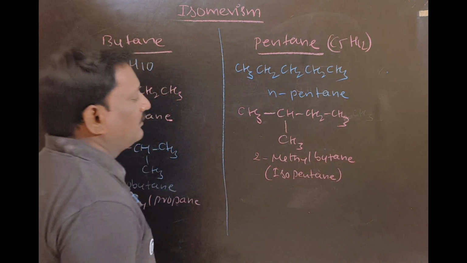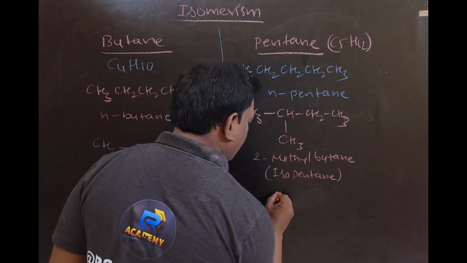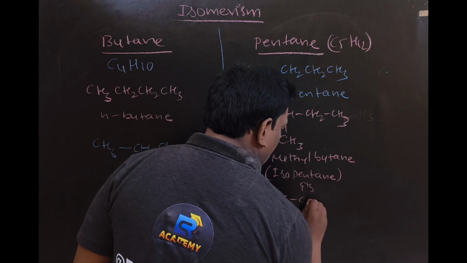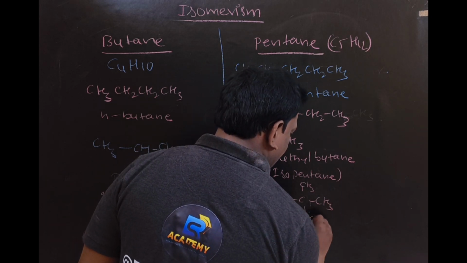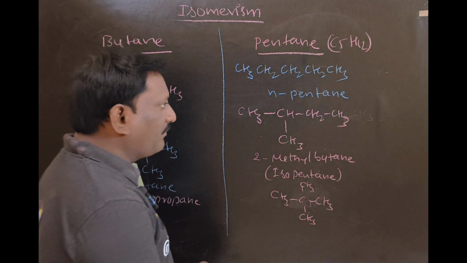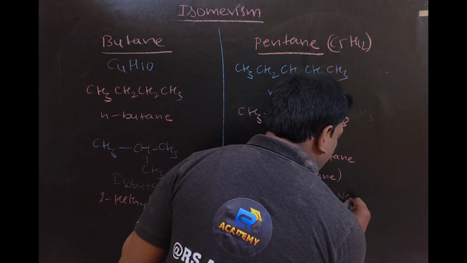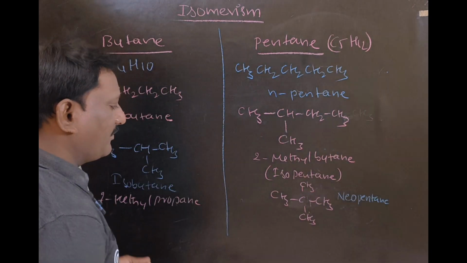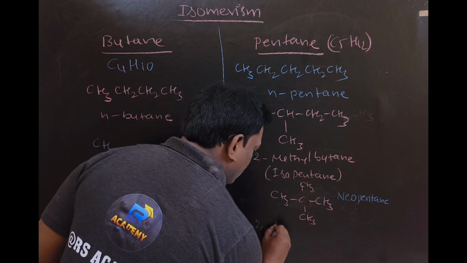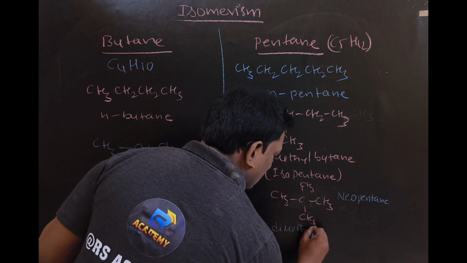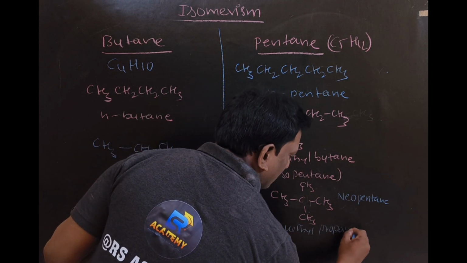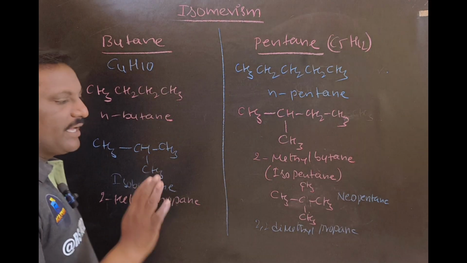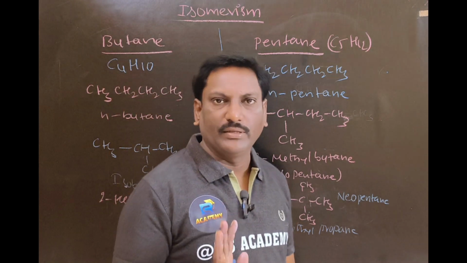The third one is the structure with CH3 groups around the central carbon. This is called neopentane. The IUPAC name is 2,2-dimethylpropane.